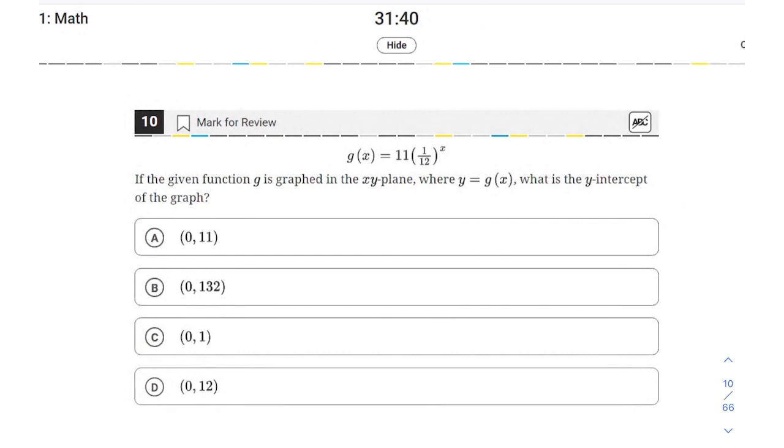If the given function g is graphed in the xy plane, where y equals g of x, what is the y-intercept of the graph? Basically, one of the first things we want to think of whenever we see y-intercept is x equals 0.